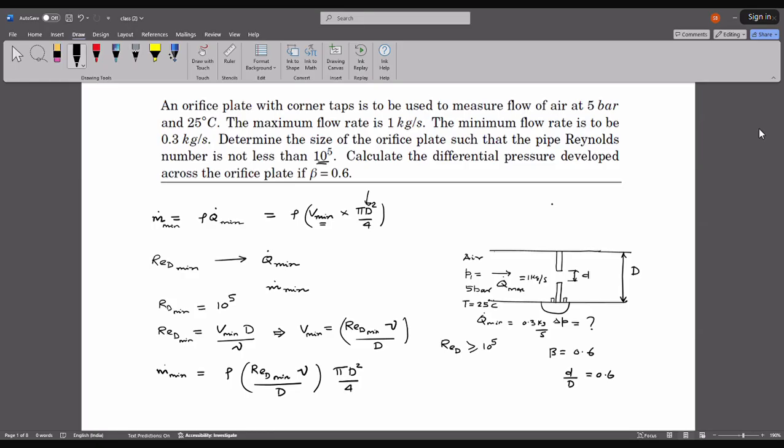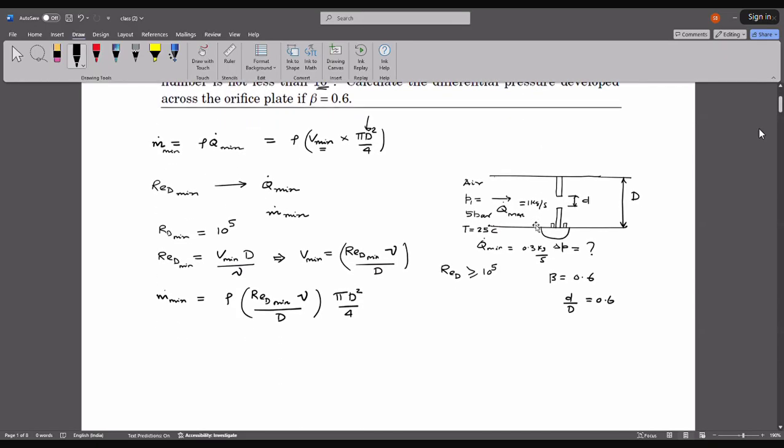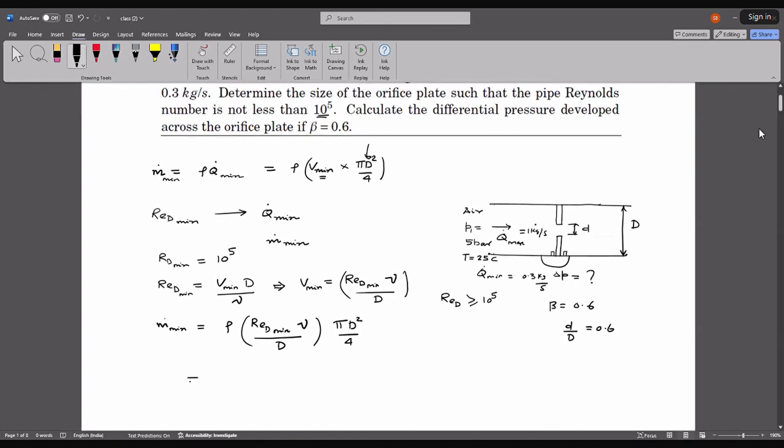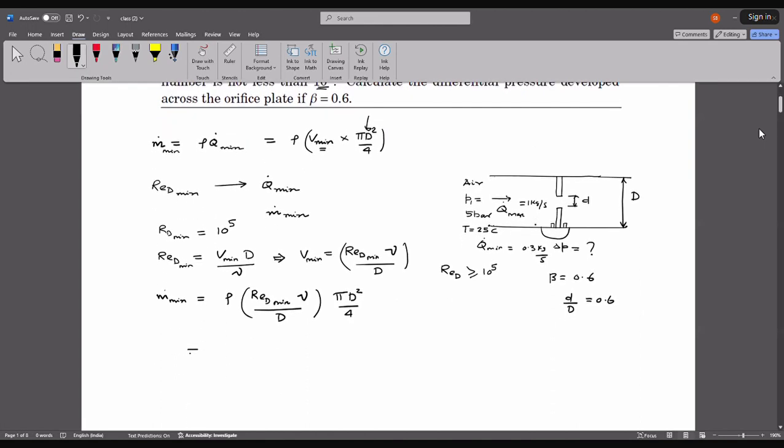Okay. So that gives you, so this is basically the m dot min, which is 0.3 kg per second, right? 0.3 kg per second.